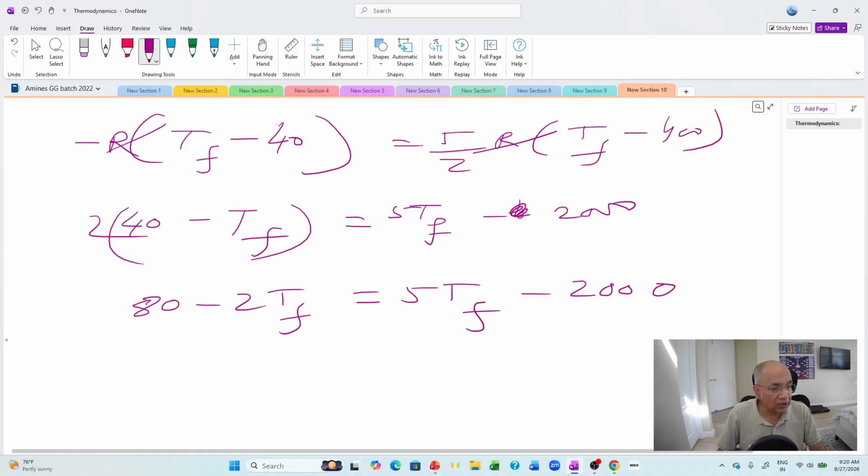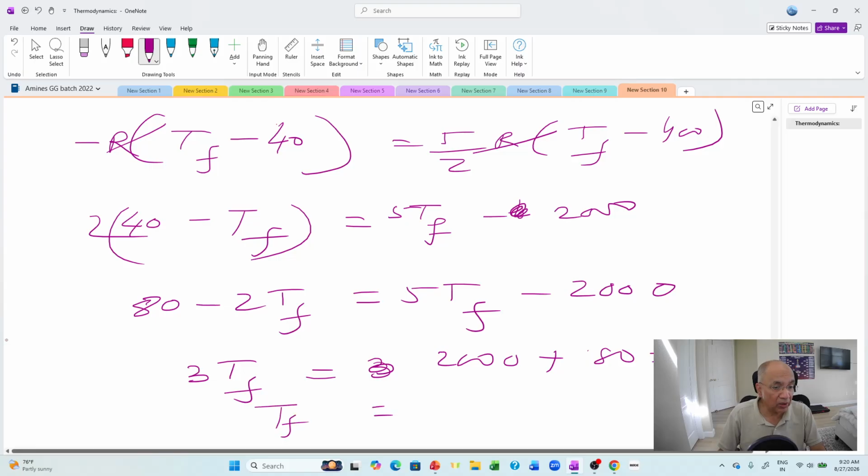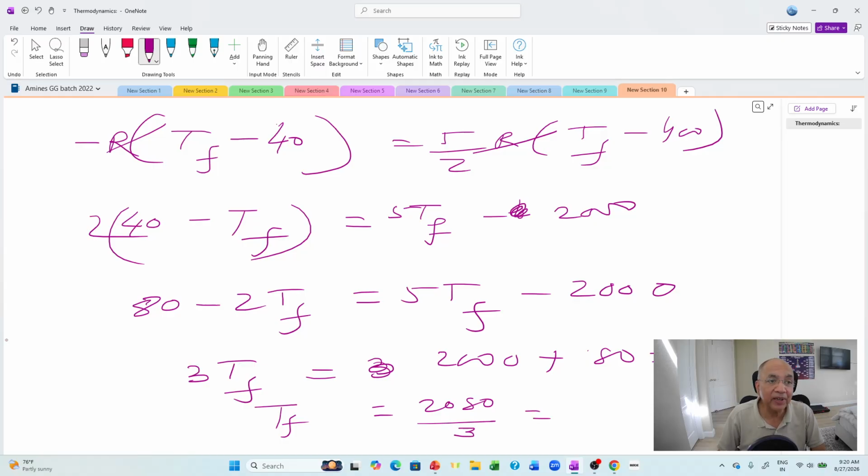So if you go to this side, it becomes 3 TF is equal to 2000 minus 80, 2000 plus 80, because this will go to this side. So that is equal to 2080. So TF will be equal to 2080 by 3. If our calculation is correct, then it will definitely be less than 400. But how much less, we'll see.